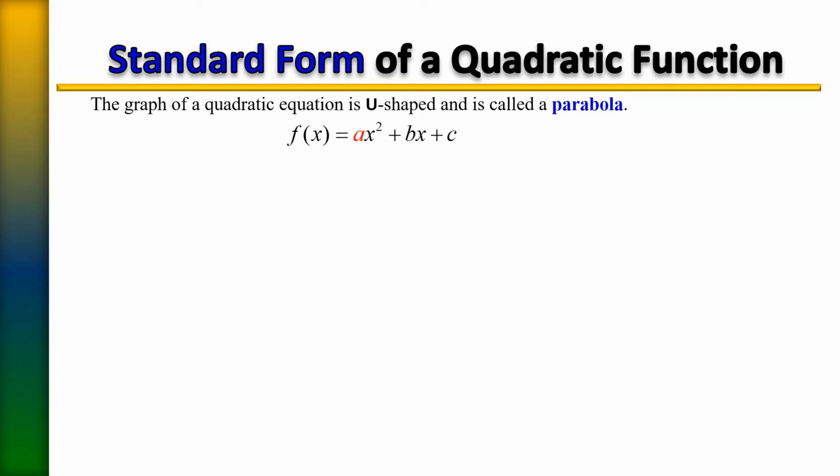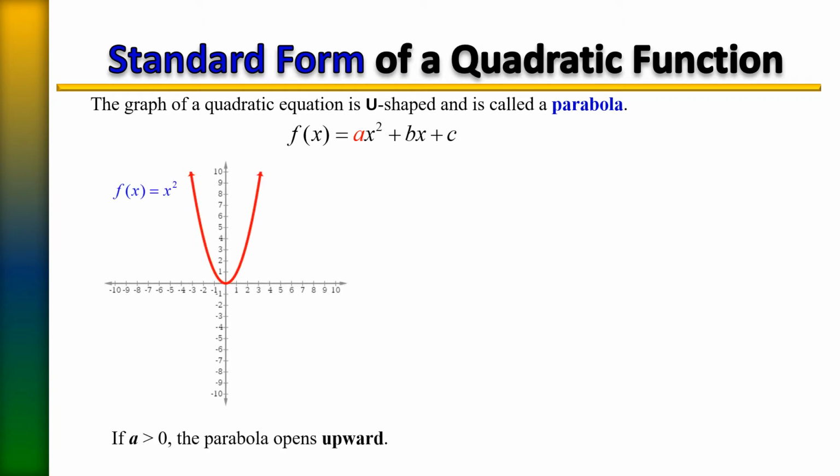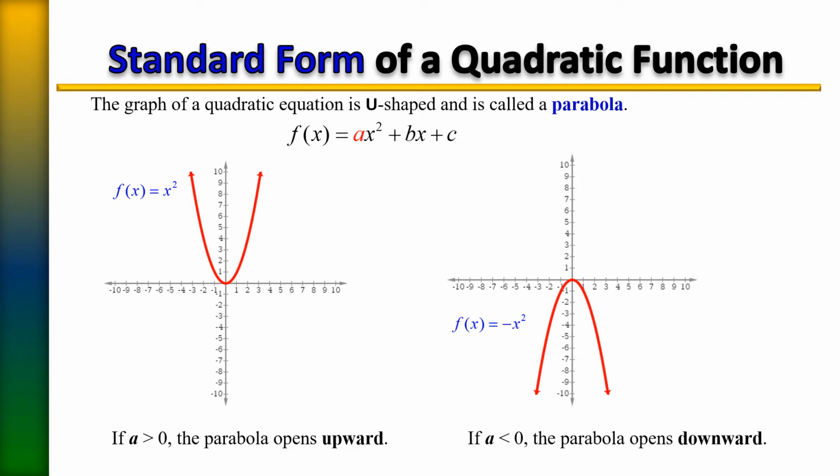If a is greater than 0, then the parabola faces upward. Notice here we have the parent function x squared. The coefficient of the squared term is positive, so the parabola will open upward. And if a is less than 0, meaning negative, then the parabola will open downward.